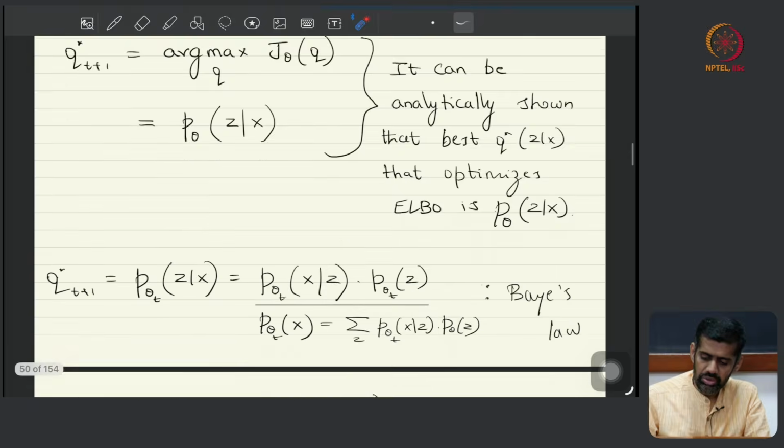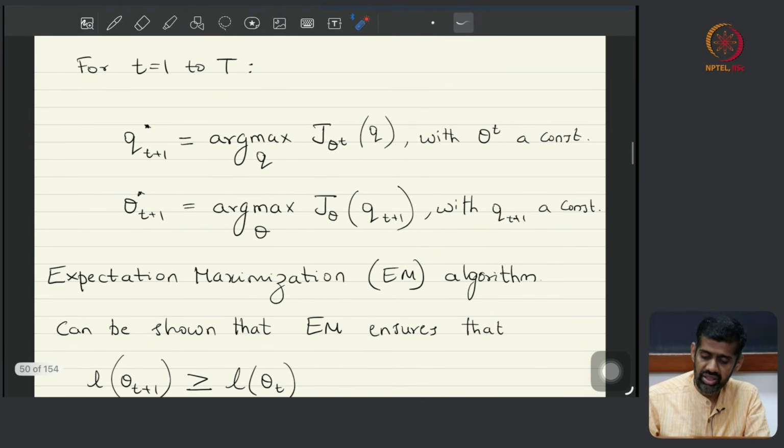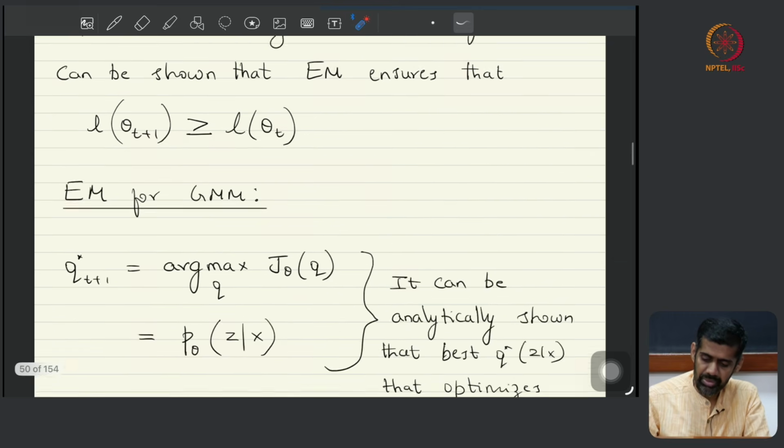Now algorithmically, remember that our EM algorithm says: start with an arbitrary theta, given a theta find the optimal q, plug that optimal q back into your ELBO and optimize for theta, and keep iterating between these two. So how does that happen in practice?